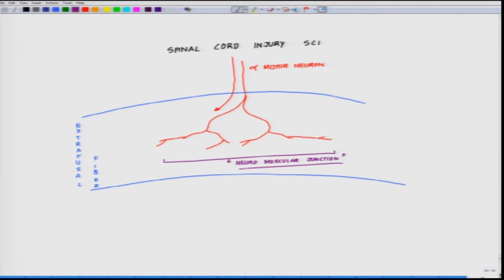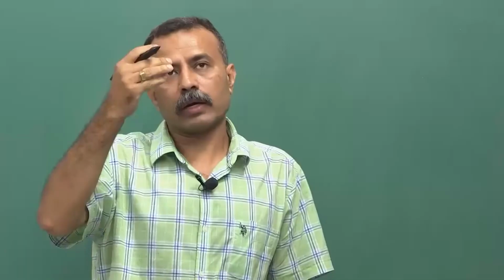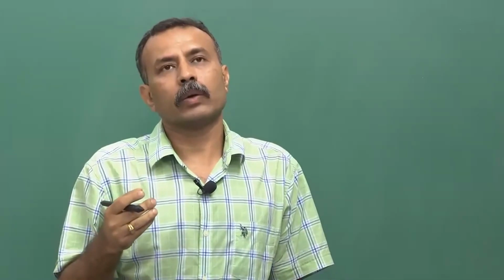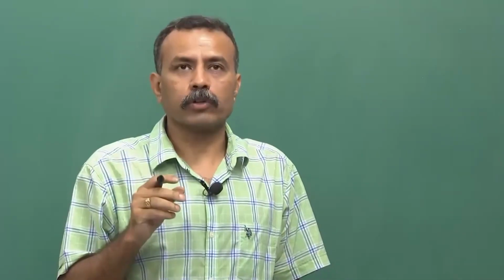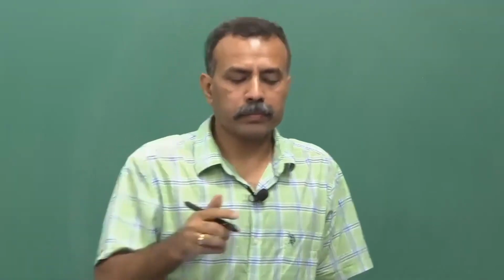Okay. This particular part is where the muscle is in close contact with the alpha motor neuron. Fine.